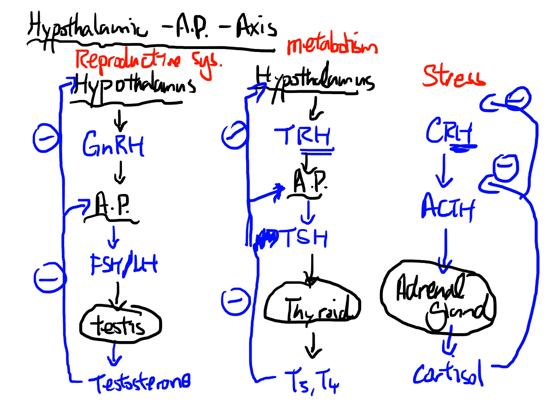All right, so it might not make much sense now, the hormones themselves, but you should see that the theme is the same. Okay, that's why it's called the hypothalamic anterior pituitary axis, because it always includes the hypothalamus at the top, then the anterior pituitary, and they belong to the same path that regulates something.